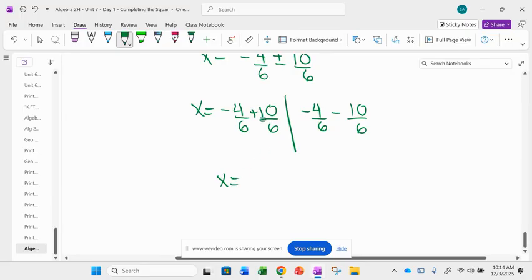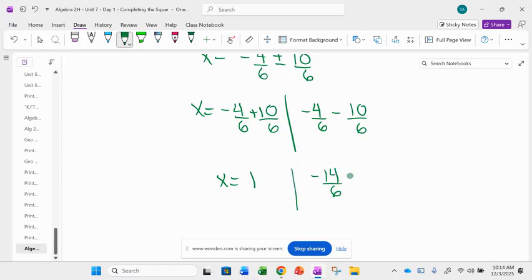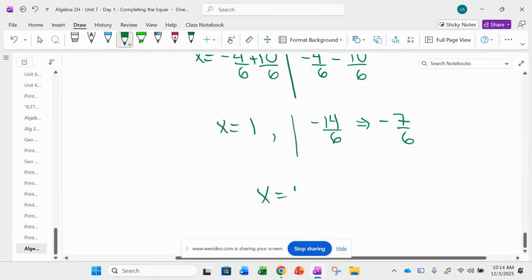So now we end up with 6 over 6, which is 1. And then we end up with negative 14 over 6, which simplifies down to negative 7 over 6. So we have two answers here, x equals 1 or negative 7 over 6.